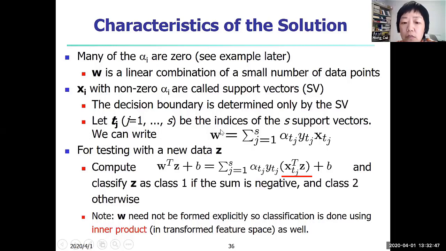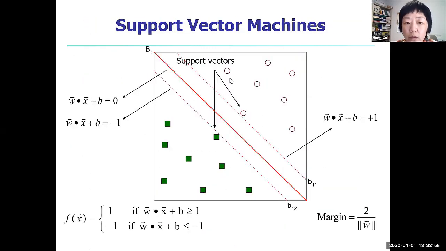But we don't actually need to compute this weight explicitly, because remember our decision function? This is our decision boundary.